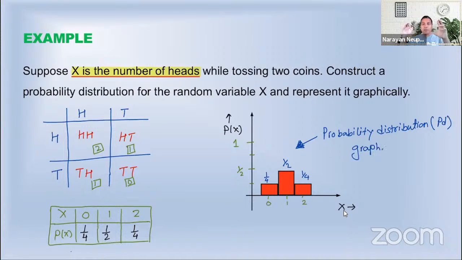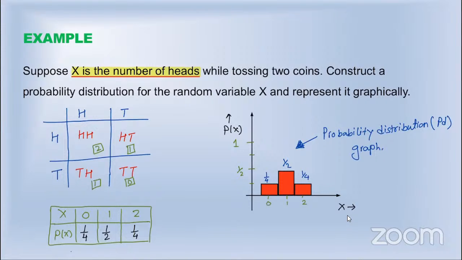So we can represent the discrete probability distribution using a graph that looks like a histogram, but it just represents the random variable along the x-axis and probabilities along the y-axis. So this is the basic idea about the probability distribution.